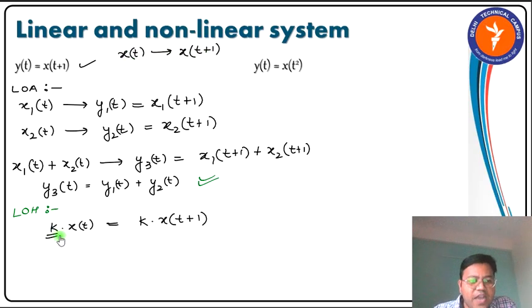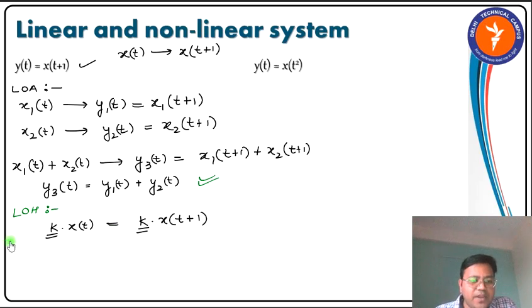So whatever the scaling factor here, it will be reflected in the output. So we will say, as the scaling factor has not changed even after shifting, the system is following the law of homogeneity as well.